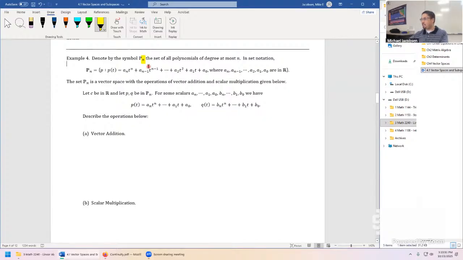That's kind of strange. Our book went for a lower value here, subscript. It's going to be the set of all polynomials of degree at most n. So if this was P2, it would be a set that contains all quadratic polynomials, all linear polynomials, and all of the constant polynomials. When it says at most n, it includes everything below n, all the way down to degree 0.